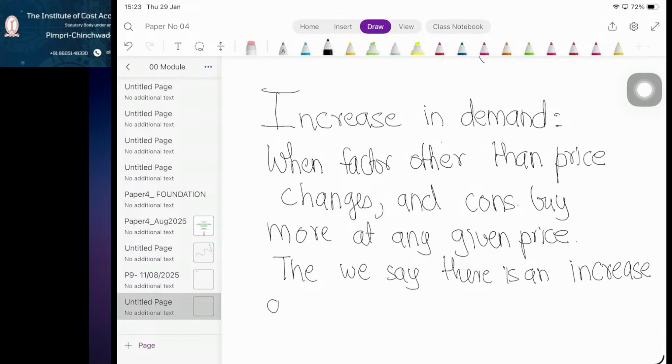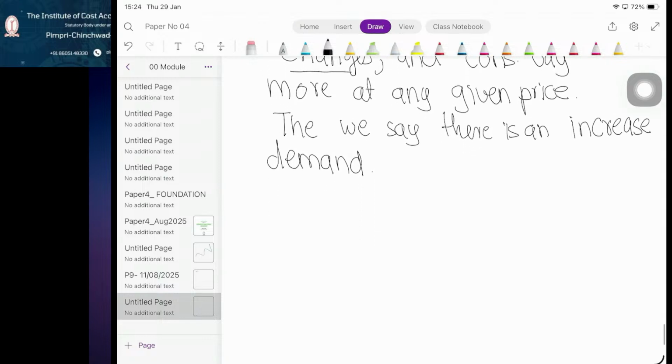I would be very happy if you write this down or memorize it in some way. When a factor other than price changes and consumers buy more at any given price, we say there is an increase in demand.